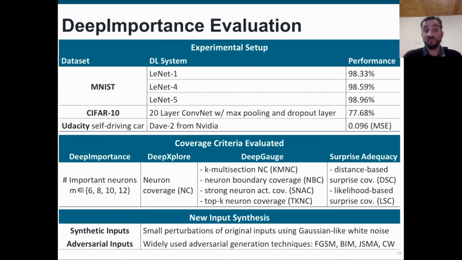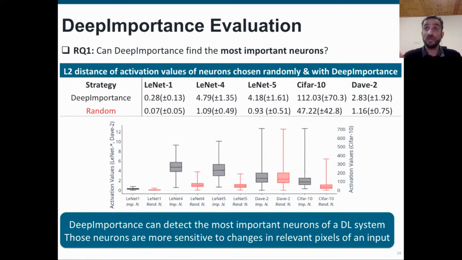We also synthesized new inputs, using the training set as input, with Gaussian-like white noise and adversarial inputs using state-of-the-art adversarial generation techniques. I don't have much time to go into the whole evaluation, but feel free to read the paper and go to the website, which has more information.